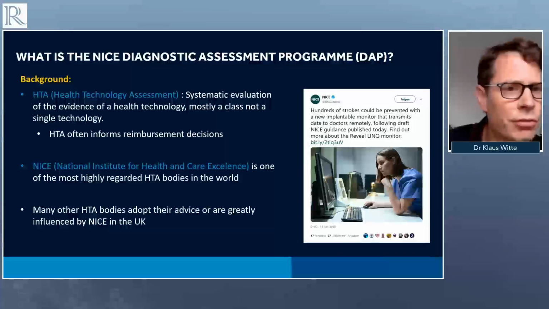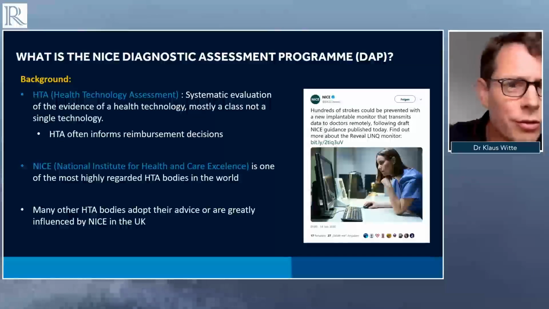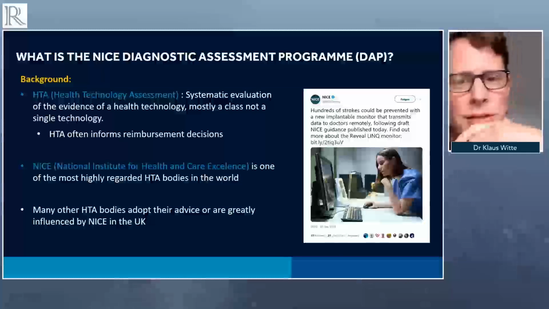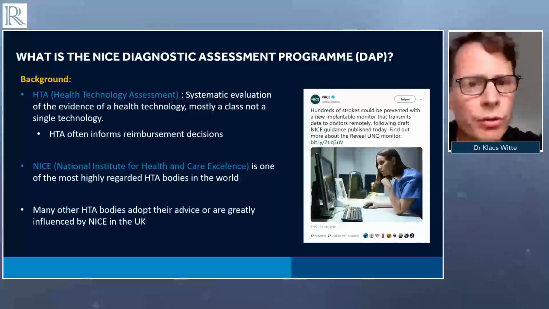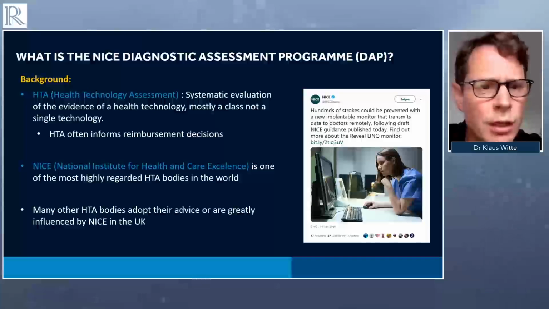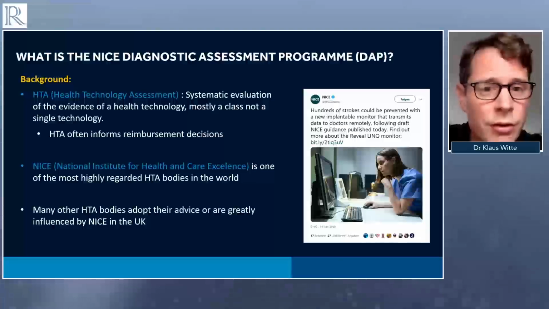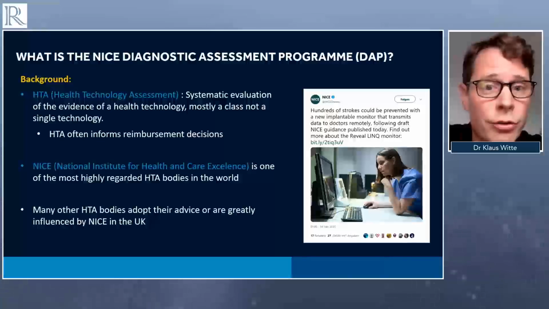The National Institute of Health and Care Excellence is essentially a HTA body that explores the utility of new therapies and new diagnostic tools, both in terms of their clinical efficacy and in terms of their cost.